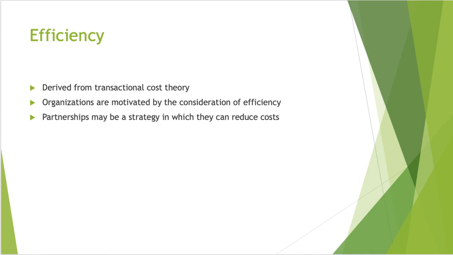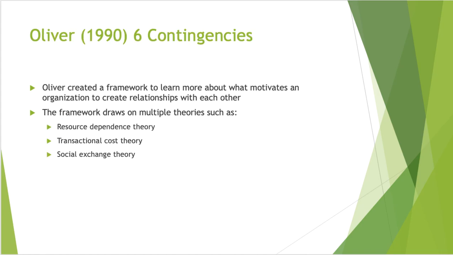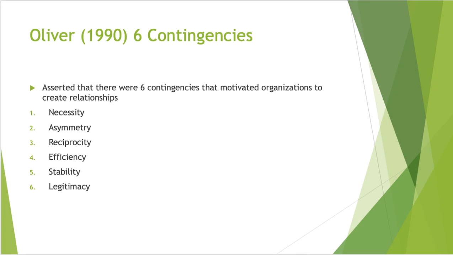Then we talked about the lecture material for the day, which is chapter 5: what organizational relationships are, and levels of commitment, which included networking, coordination, cooperation, and collaboration, all under Himmelman's framework. We talked about how it's a continuum of commitment, formality, and complexity. Then we talked about motivations for creating these relationships, which included the six contingencies: necessity, asymmetry, reciprocity, efficiency, stability, and legitimacy.